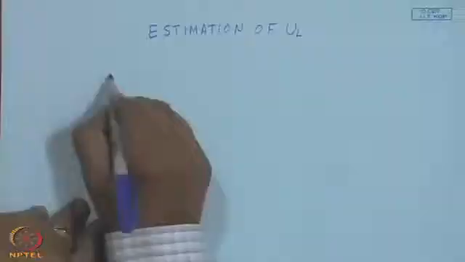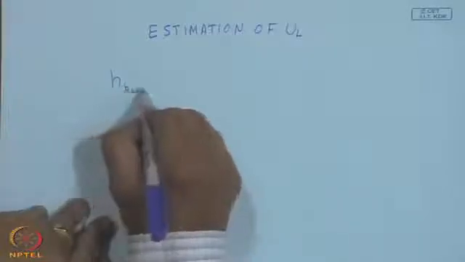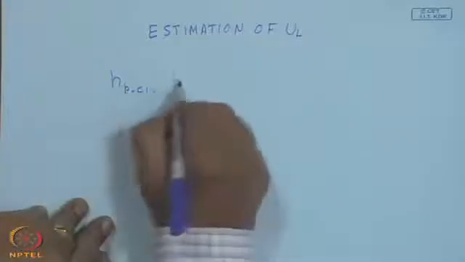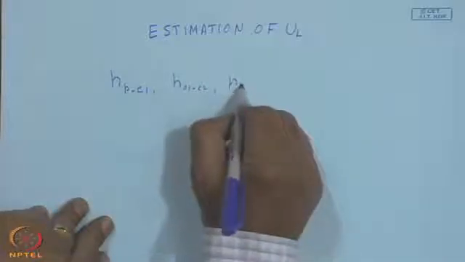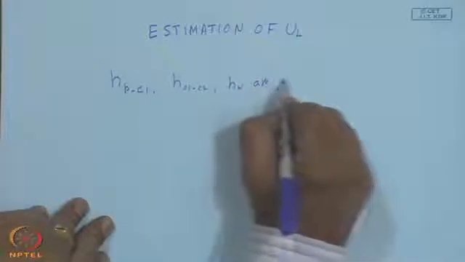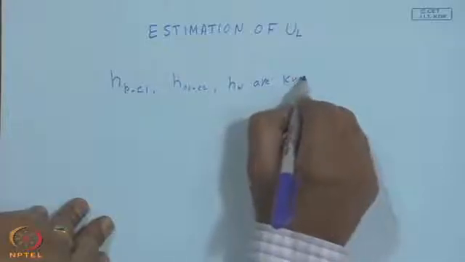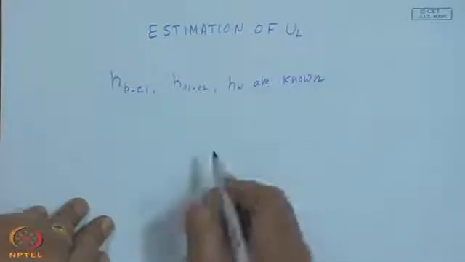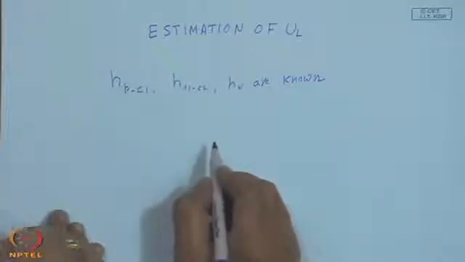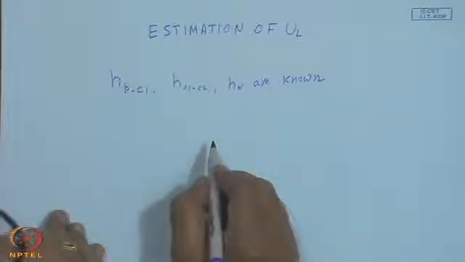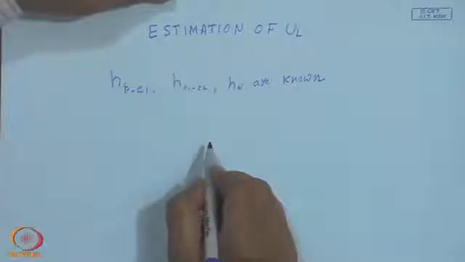Now, the convective heat transfer coefficient Hp to C1, HC1 to C2, and of course, Hw are known. Our heat transfer knowledge gives us a method to calculate the convective heat transfer coefficient between the plate and a parallel cover 1, between cover 1 and cover 2, and the wind heat transfer coefficient, which we have already given.